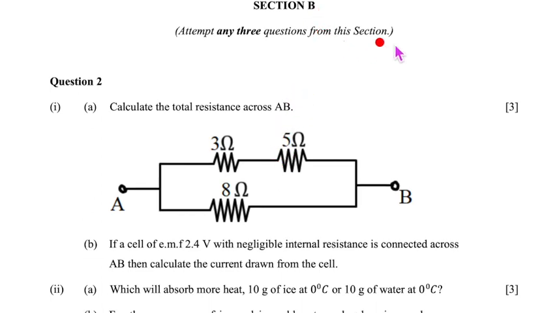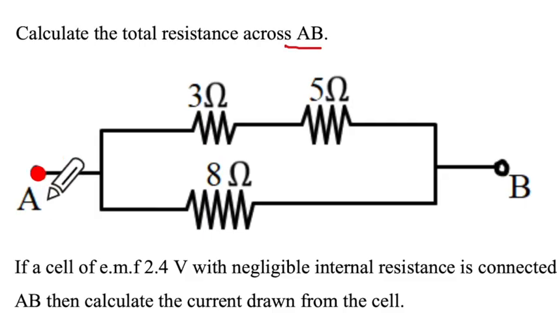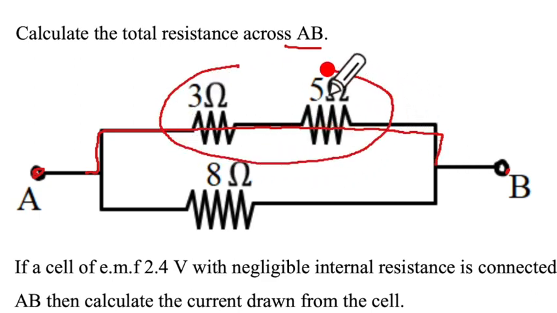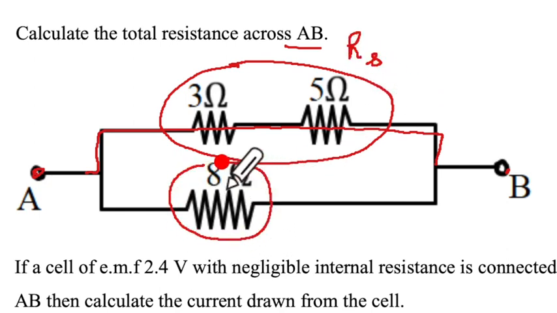Our Section B, question 2, first subpart has A and B. Calculate the total resistance across AB. Now points A and B are here. We have this branch over here having these 2 resistors in series, so I'll call them RS. And this 8 ohm is in parallel with this RS.